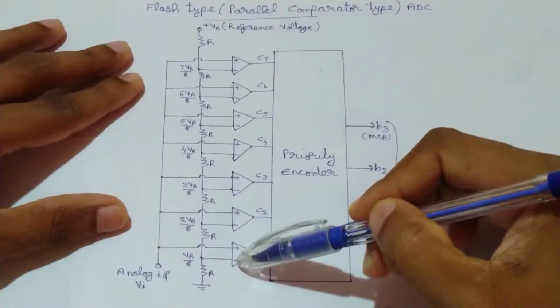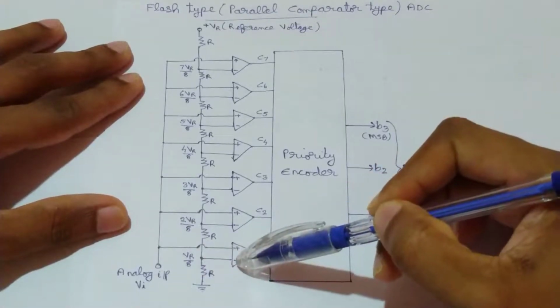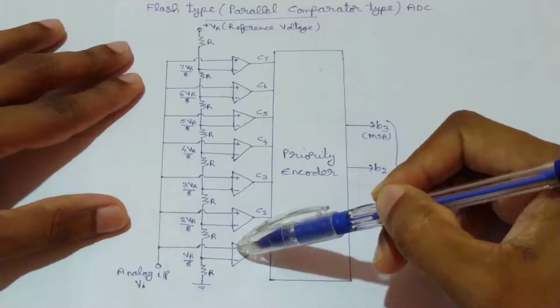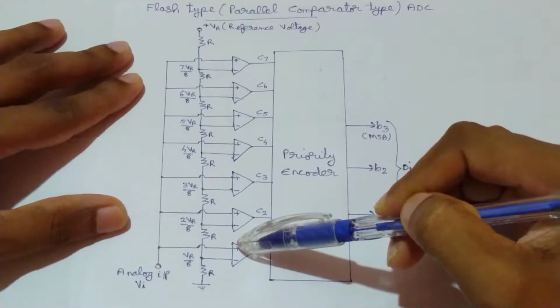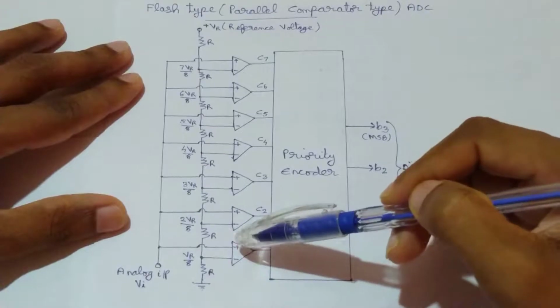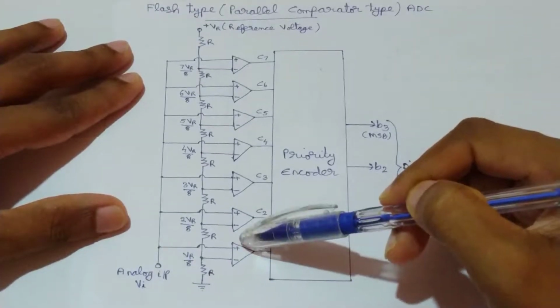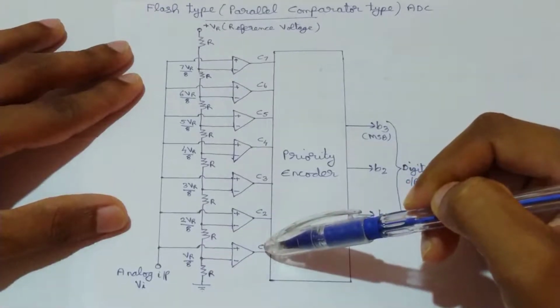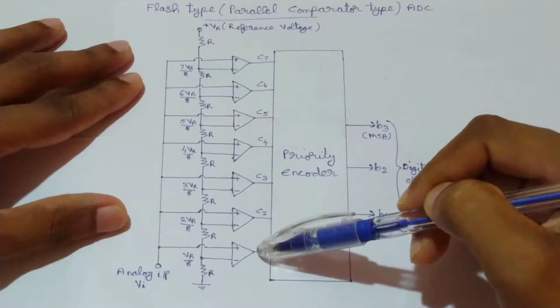To the inverting terminal of the first comparator VR by 8 voltage is given, and to the non-inverting terminal this Vi is given, and this Vi is now greater than VR by 8. So the voltage at the non-inverting terminal is greater, so the output of this first comparator will be high, or it will be logic 1.